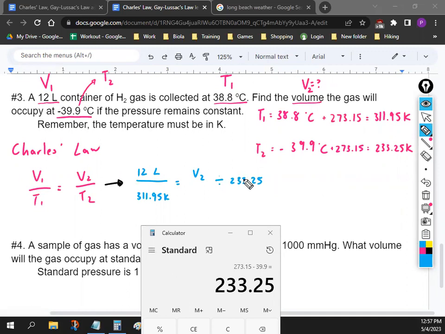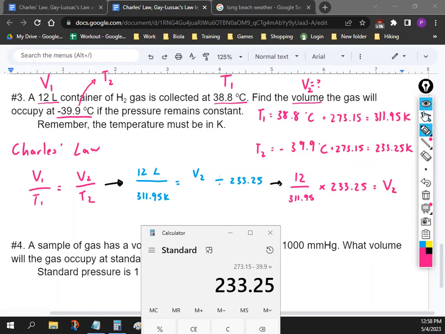So we want to move this to the other side, so we have to do the opposite. What's the opposite of division? It's multiplication. So we're just going to multiply both sides by 233.25. On the left side, we're going to have 12 divided by 311.95 times 233.25, and that'll give you your final answer for V2.